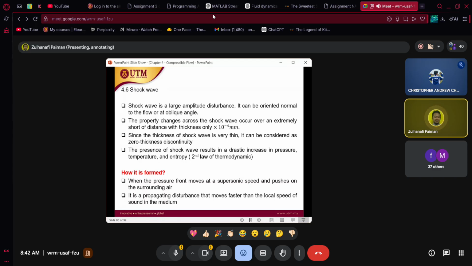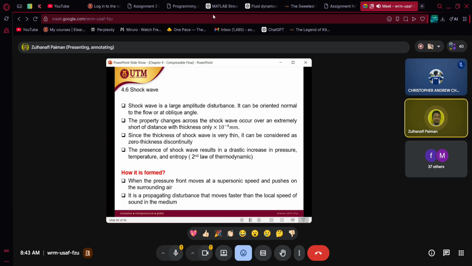The property changes across the shock wave occur over an extremely short distance, with a thickness of only 10 to the power of minus 4 mm. Since the thickness of the shock wave is very thin, it can be considered as a zero thickness discontinuity.